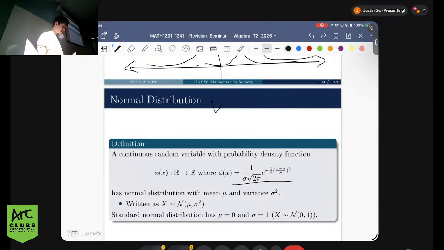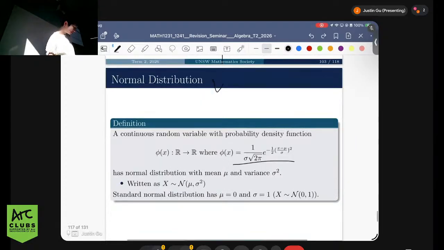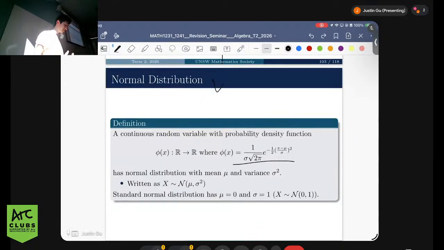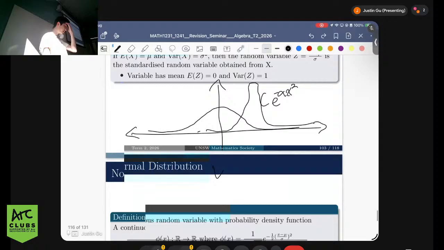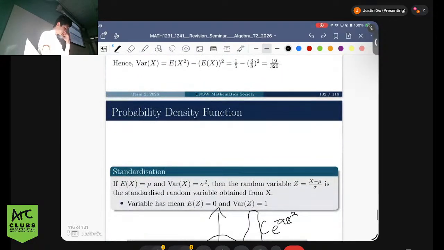The standard normal distribution is the normal distribution with mean 0 and variance 1, or standard deviation 1, right?